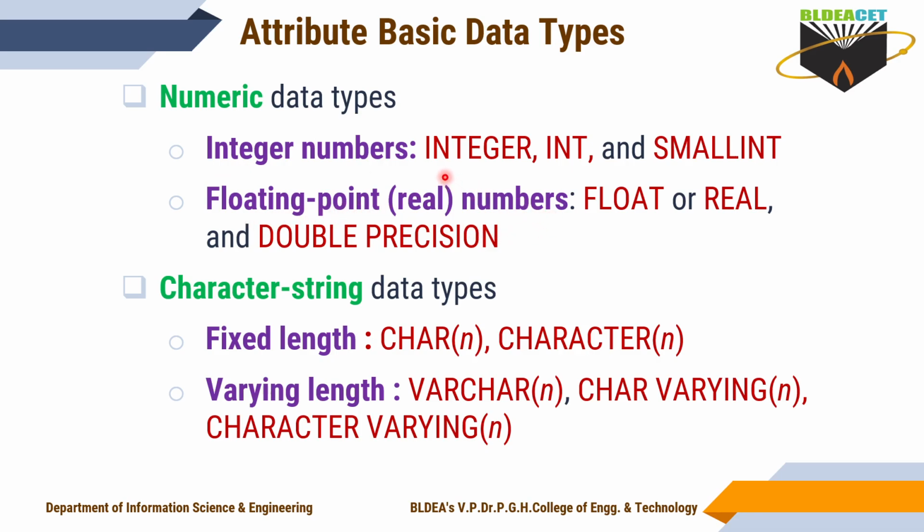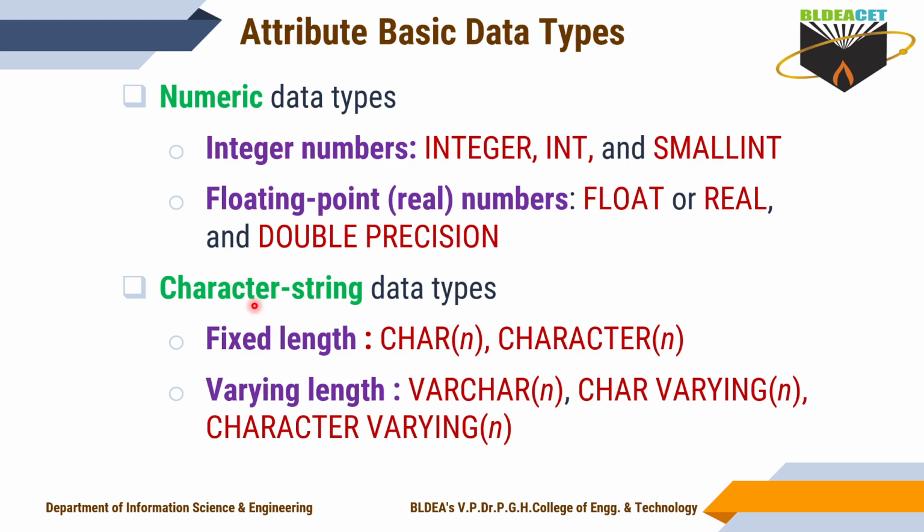If the attribute holds integer numbers, then you can take the data type as integer, int or small int. If the attribute value holds floating point or real numbers, then for that attribute you can take the data type as float, real or double precision. Among these three, any one you can take for the float numbers, and among the other three, any one you can take for the integer. Small int is for small integer numbers.